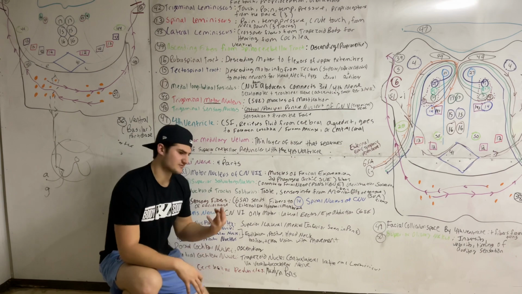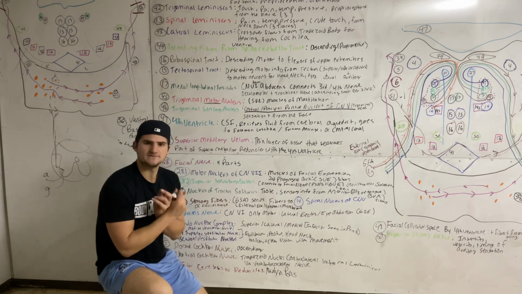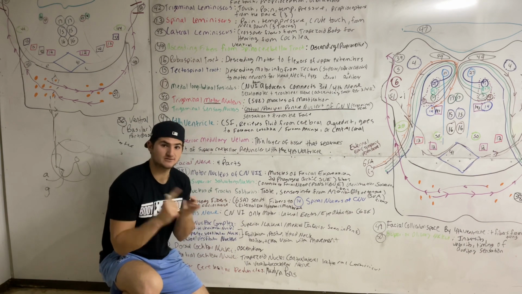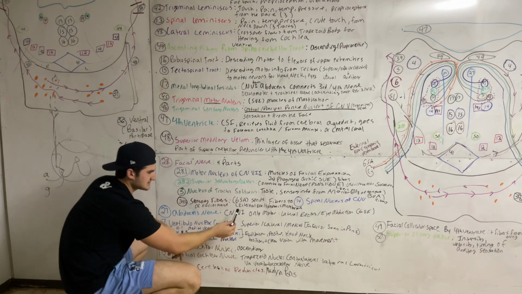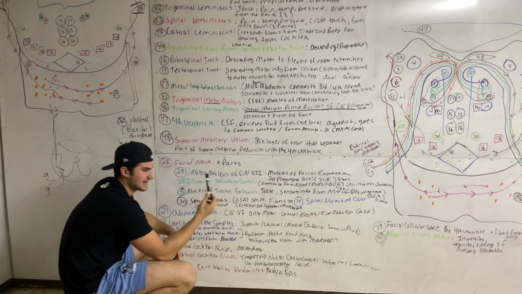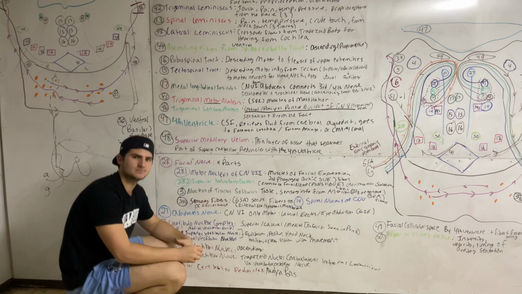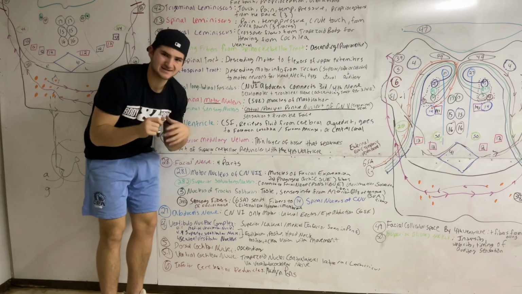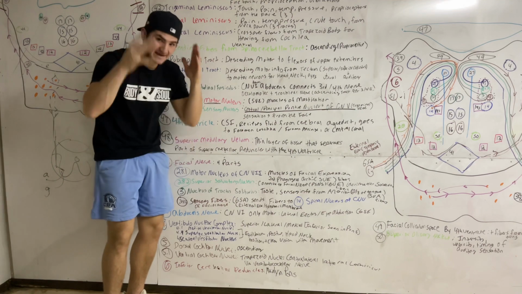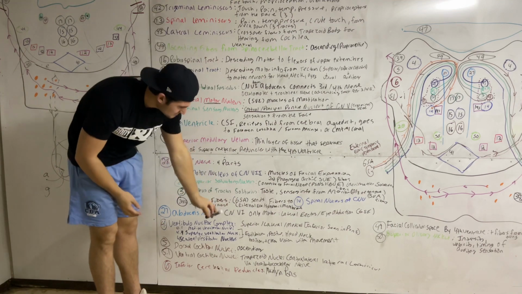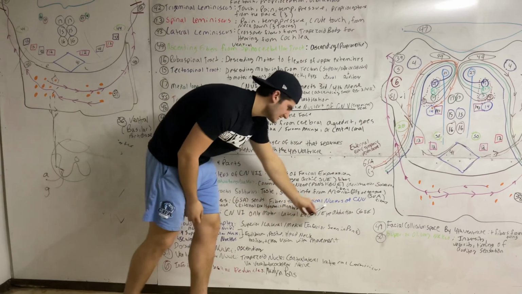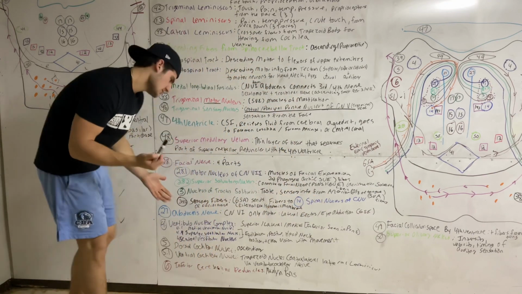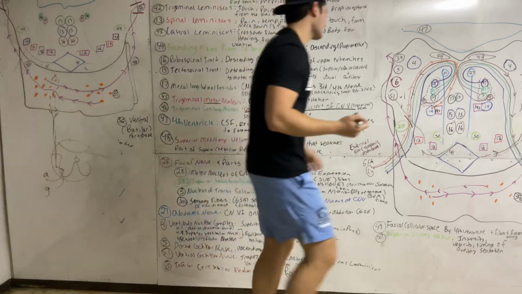The trigeminal nerve has 3 different branches: V1, ophthalmic, V2, maxillary, V3, mandibular. When these fibers are sent, they're called general sensory afferent. General meaning the whole side of the face, and sensory because it's a sense, afferent to the brain. How are these fibers going to the spinal nucleus of cranial nerve 5? I'm going to talk about that right now.